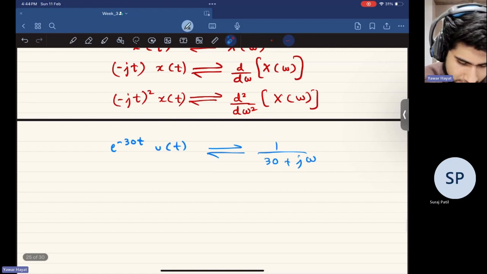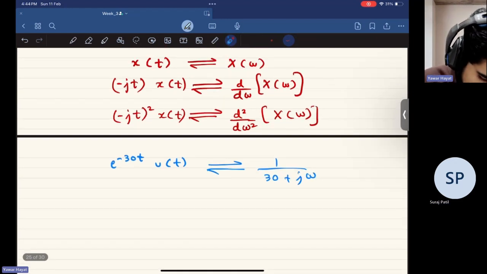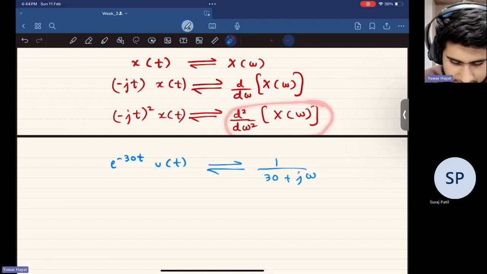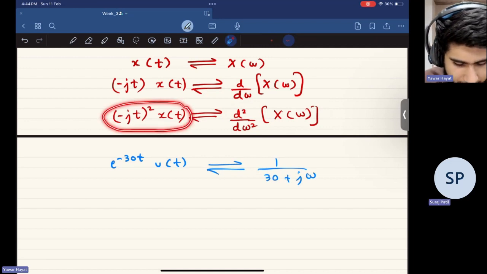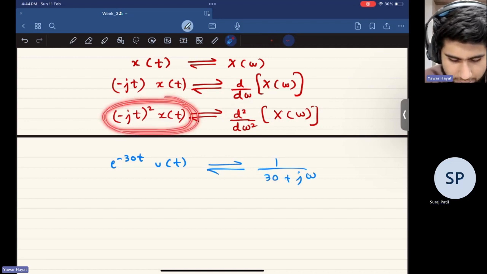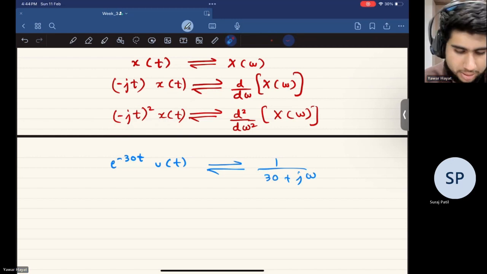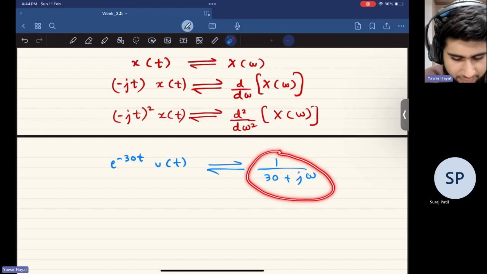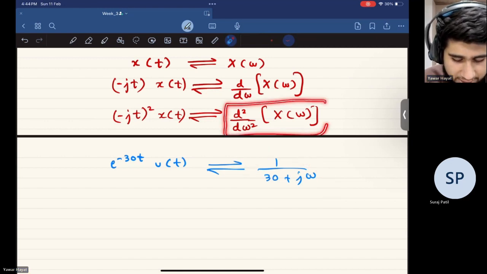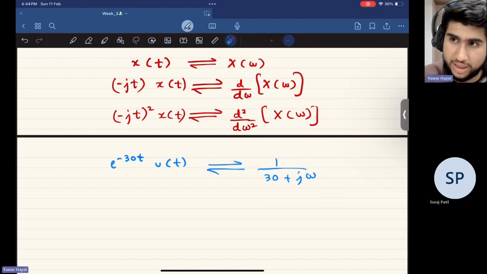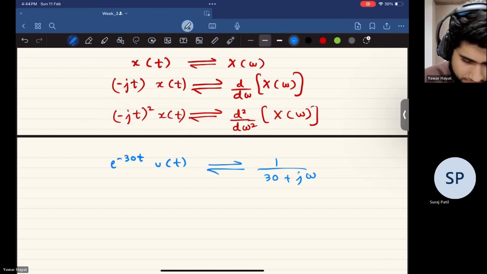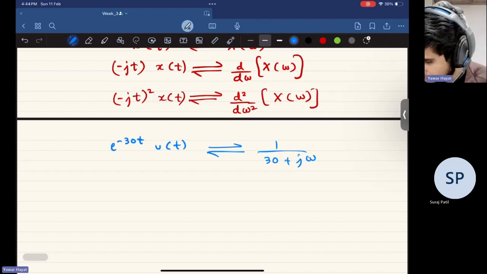Now what we will do is take the differentiation of this 2 times to get this, and we'll substitute this value and get the time domain representation of that. I hope the idea is clear. We'll take the derivative of this expression 2 times and equate that to this. And the inverse Fourier transform of that resulting function would be this one. Okay, let's do this and it will be clear.